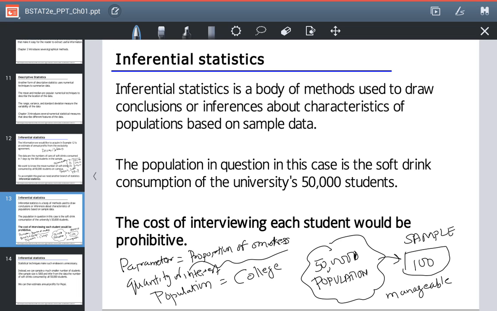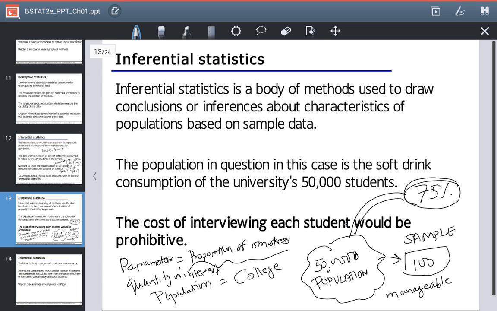Now I will conduct the survey among these 100 students, and if I find that 75% of them smoke, using this data from the sample, I will make predictions about the entire population. If I only have this information, I will conclude that 75% of people smoke in the campus. Again, this might not be correct, but this is the best we could do.